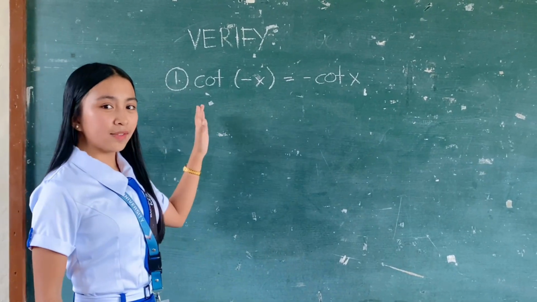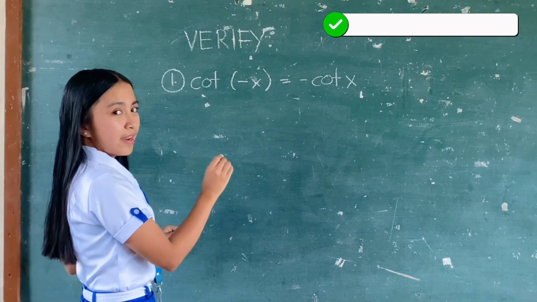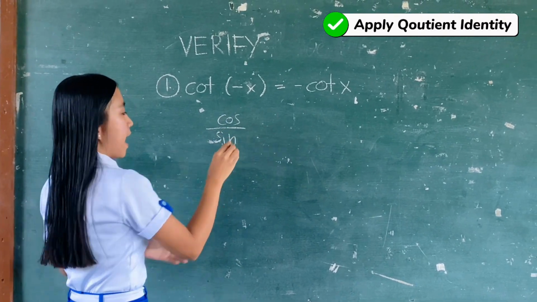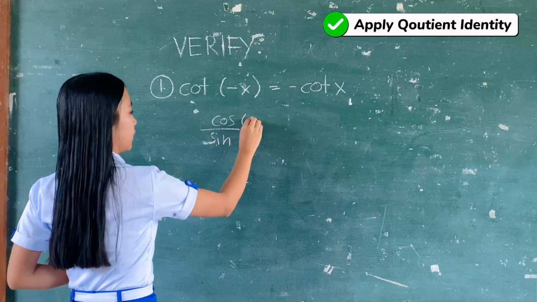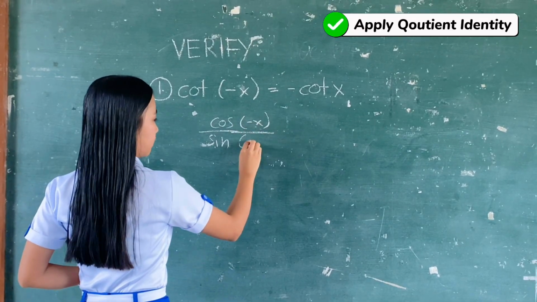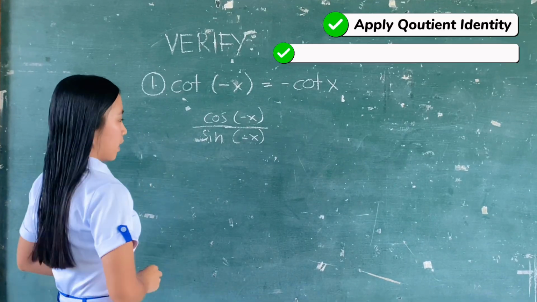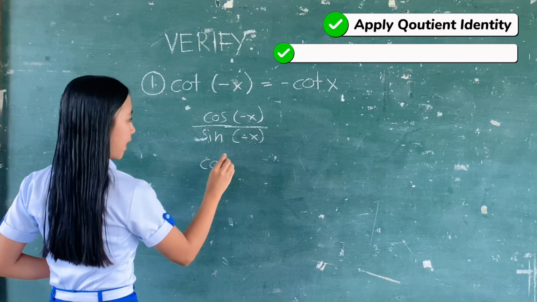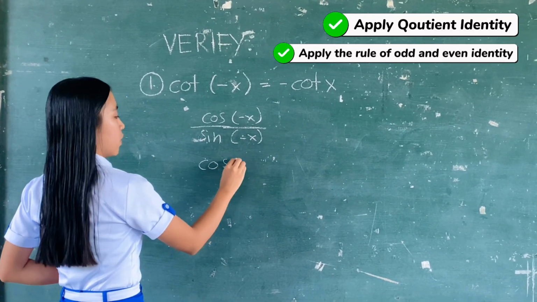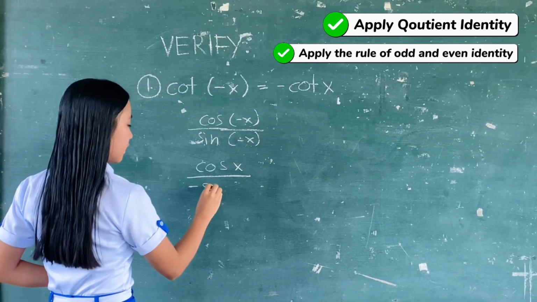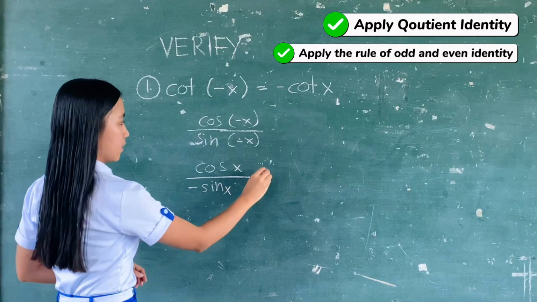As we all know, cotangent is a quotient identity, cosine over sine. And since it is negative, we have negative x. And also this is an even and odd identity. So cosine negative x is equal to cosine x, and sine negative x is equal to negative sine x.